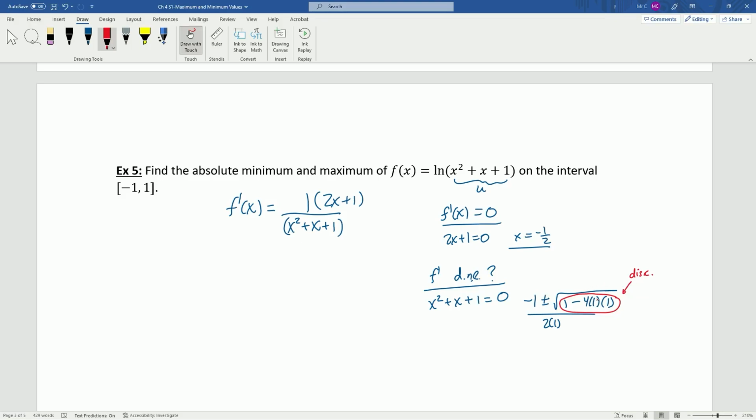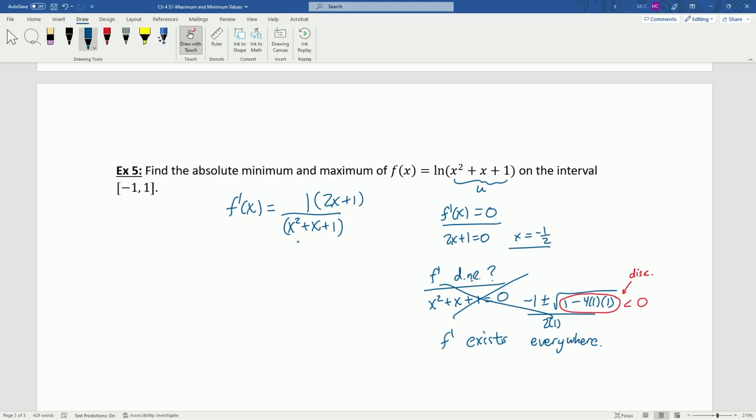In the case of this, we have a negative value inside that square root. Can't take the square root of a negative number, at least not in the real number system. So we would say that there is no solution there, and hence there is no place where this does not exist. So we'd say f prime exists everywhere. However, when you see a denominator that could possibly be 0, you definitely want to double check that so you don't miss those critical numbers.